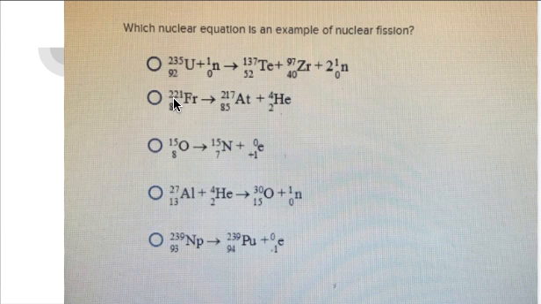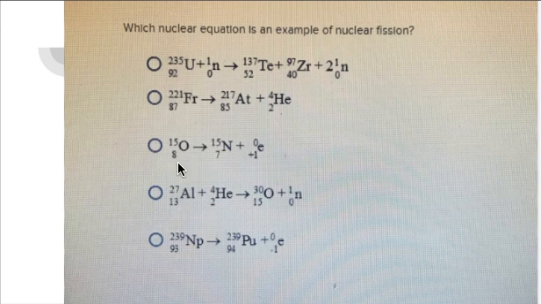So here you have from 1 to 2, which is fission, and then you want to notice the 4-2He as an alpha particle. So it's releasing an alpha particle to make a more stable nucleus.